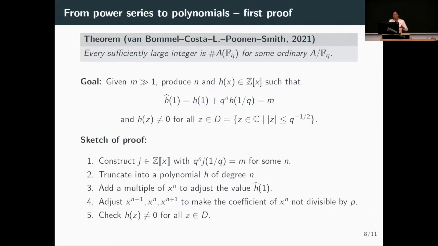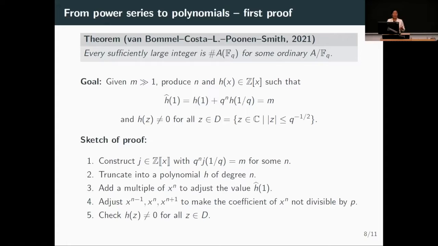After I truncate, if I take this h hat and evaluate at 1, it will probably be a little bit off from m. So we add a multiple of x to the n to make sure that my h hat of 1 exactly equals m. That's a small adjustment. Then step 4 is to check whether the middle coefficient of h hat, for x to the n, is divisible by p or not.